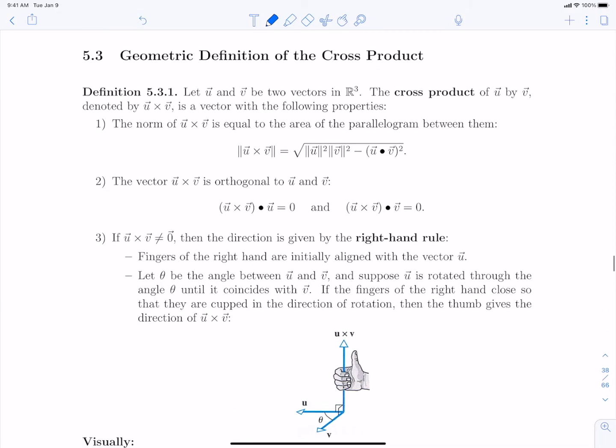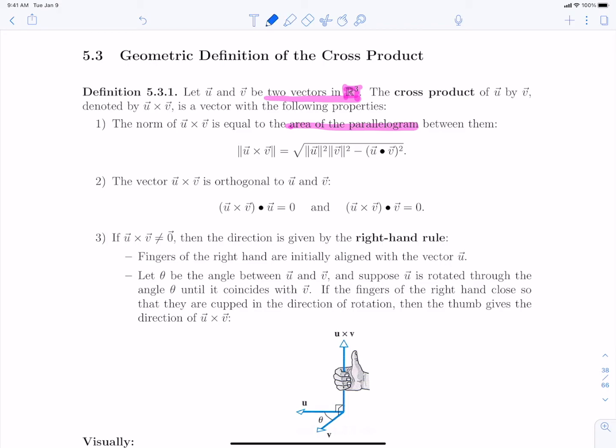So we're going to talk about this idea of a cross product. The cross product of u and v has the following properties. And just to emphasize, always look at what world we're in. We're in R3 right now. So the magnitude of the cross product is equal to the area of the parallelogram between them.